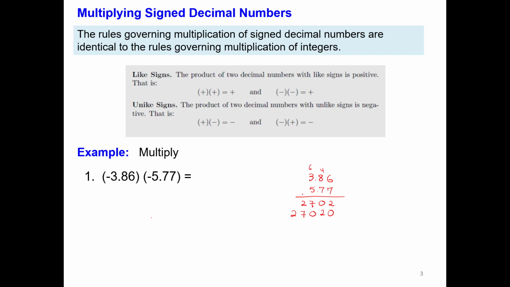Now we need to multiply by 5. Then by 5, this is in the hundreds. Then we need to fill out the ones and the tens using 0. Then 5 times 6 is 30. We carry the 3. 5 times 8 is 40 plus 3 is 43.